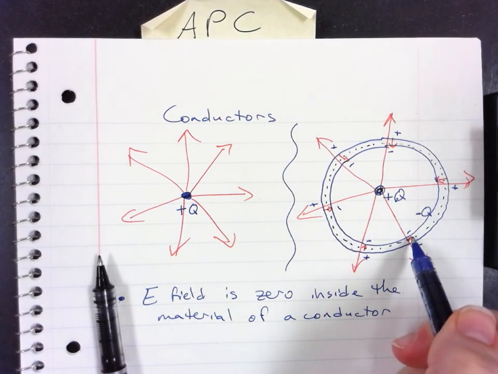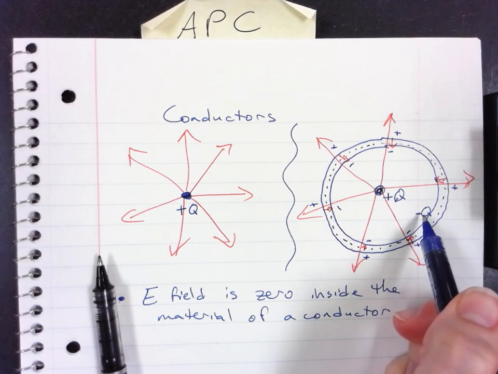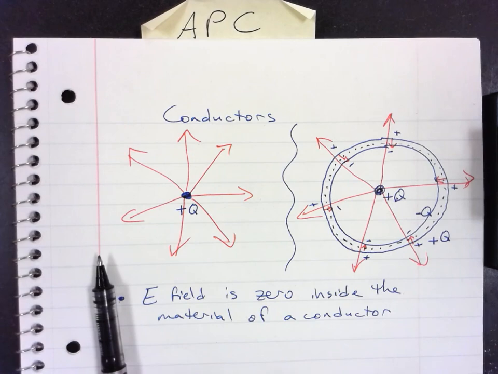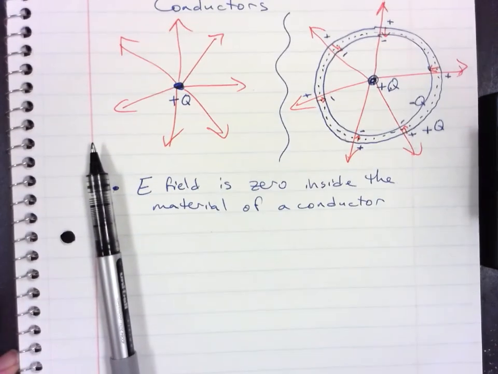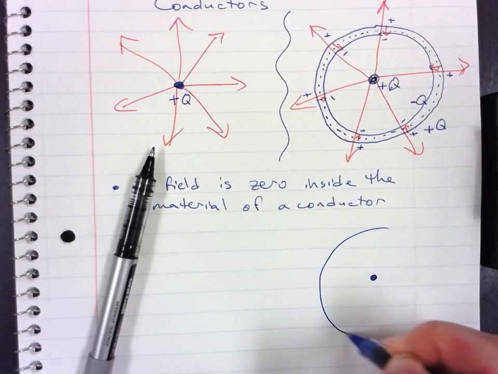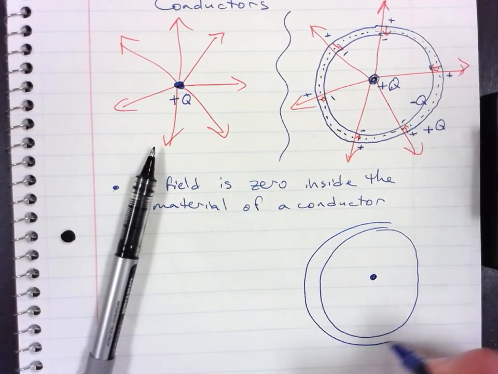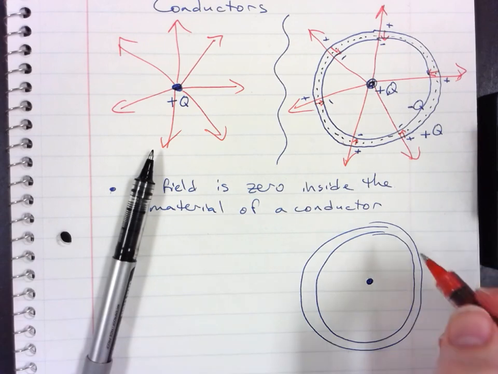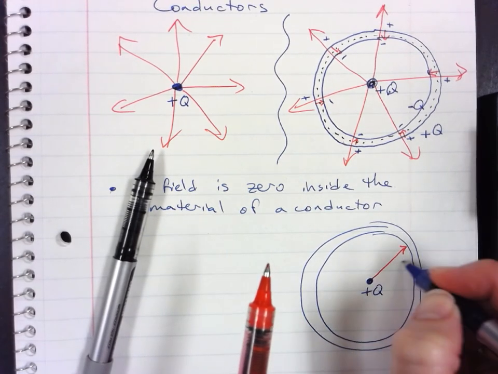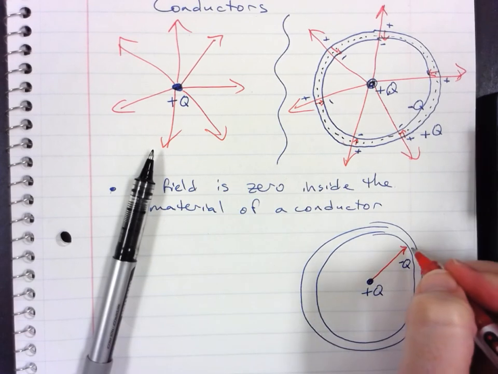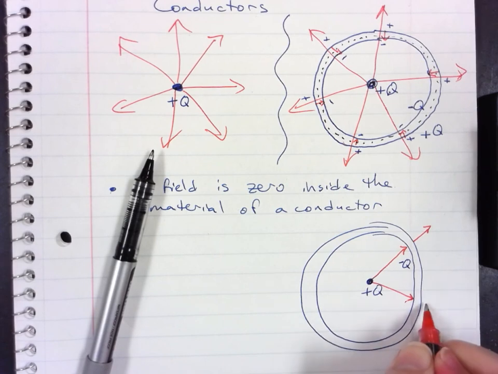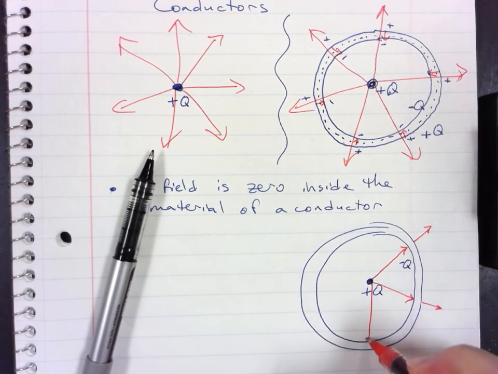It's missing the number that moved, which we just said is negative Q. So if this is missing, the outside surface is positive Q. So if we redrew that picture, what we really should have, pretend these are all concentric, is we have an electric field that goes from positive Q to negative Q, a gap, no electric field, and then the electric field continues. And I can do that in all spaces.